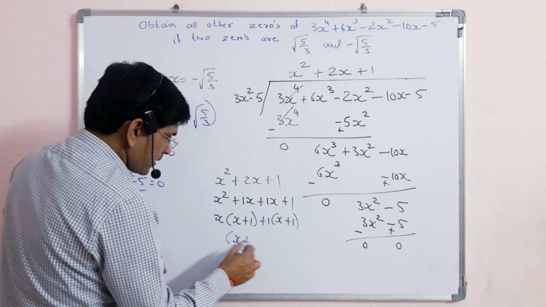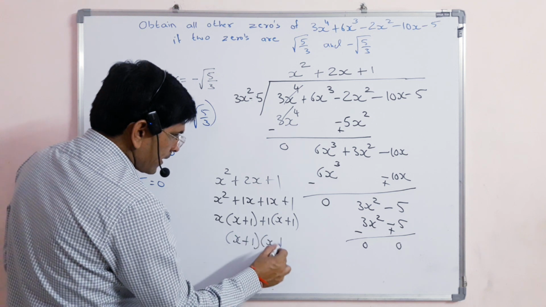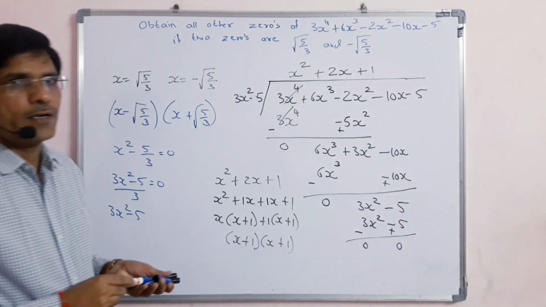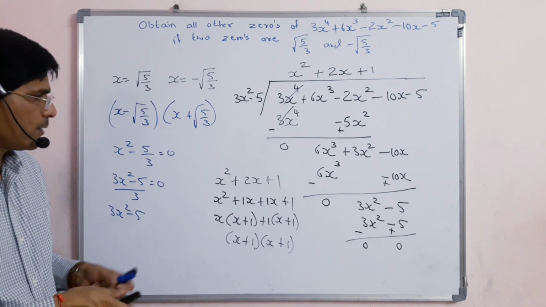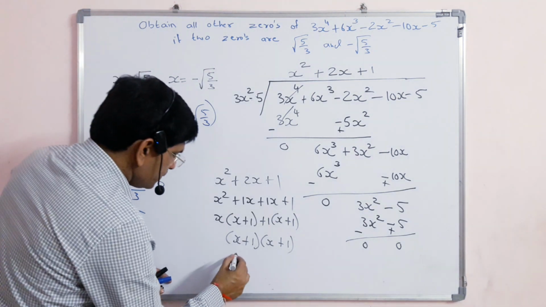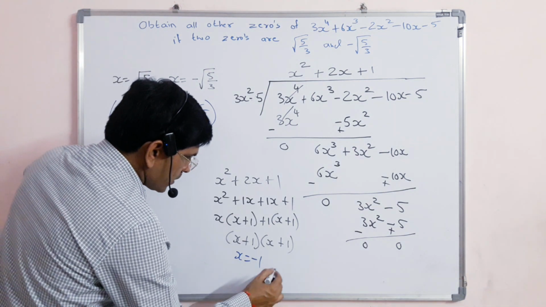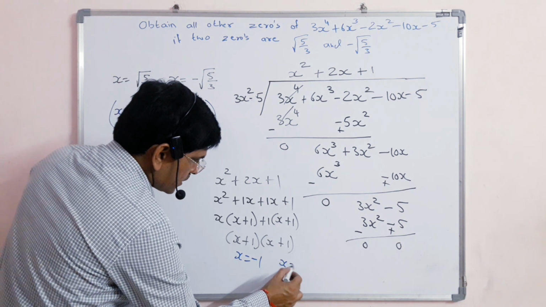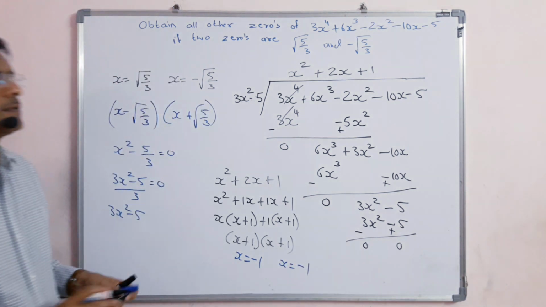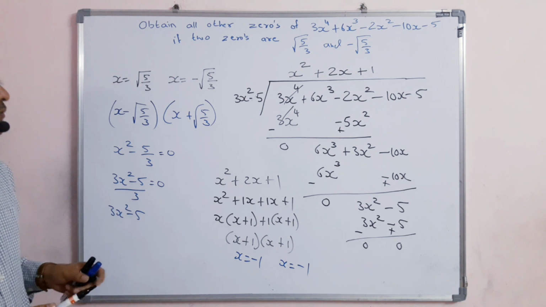So the two factors are (x + 1) and (x + 1). So two zeros we have got: x = −1, and again x = −1.